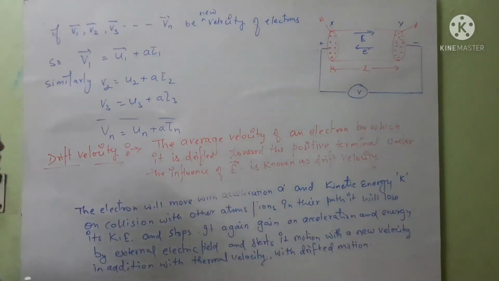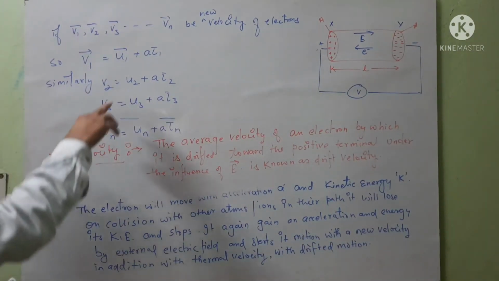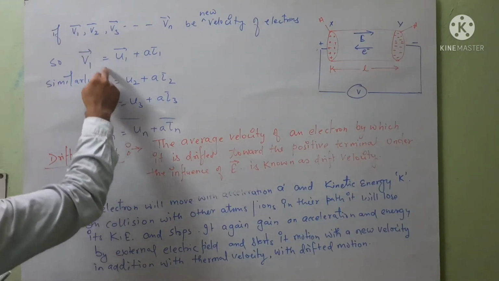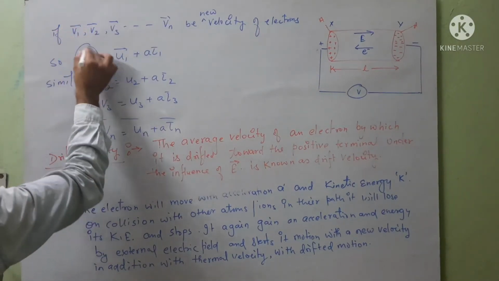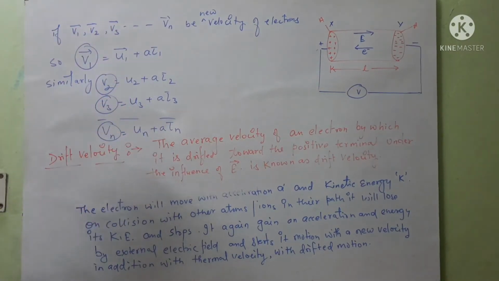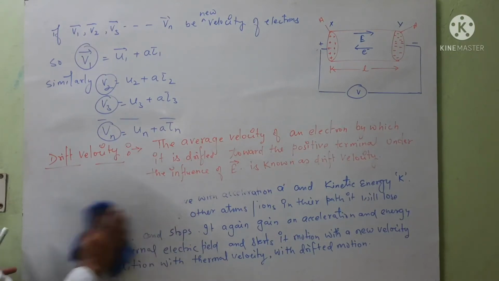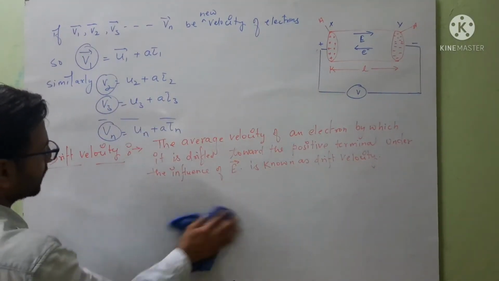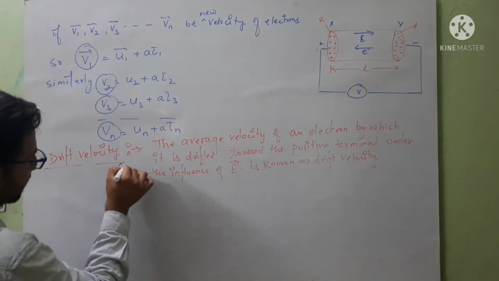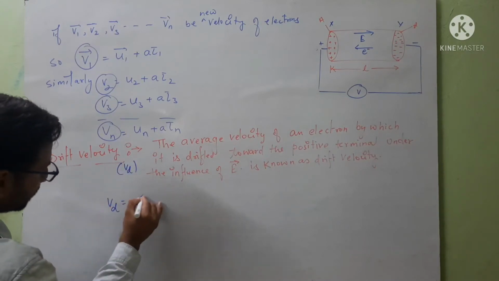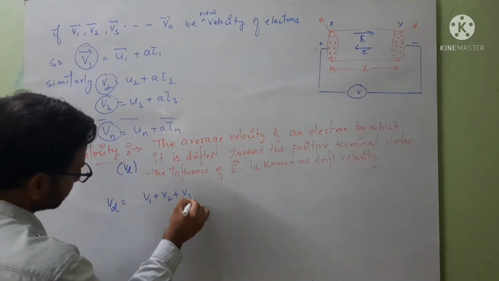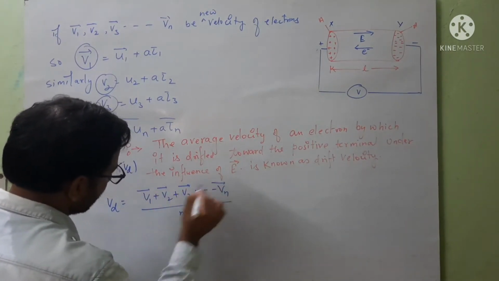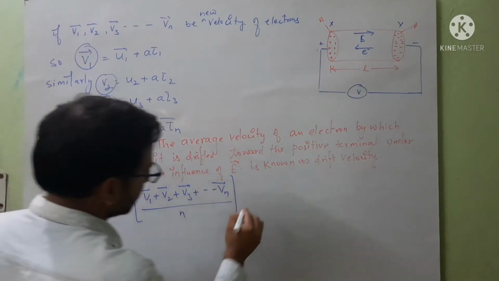Got it, student? So this new velocity by which a single electron is moving, after taking the mean or the average of all the velocities v1, v2, v3 up to vn, is called drift velocity. So by the definition of drift velocity, it is the average velocity, denoted by the symbol Vd. So Vd is equal to the average of v1 up to vn over n. You can use the arrow symbol because it is a vector quantity.